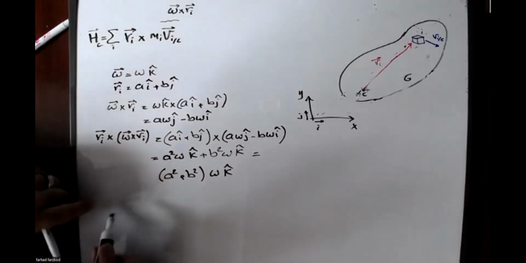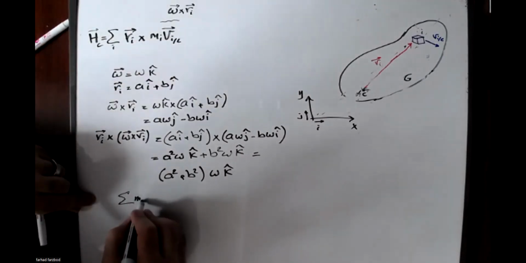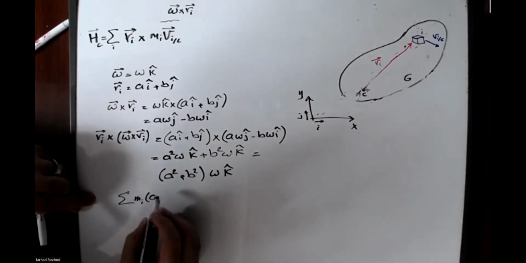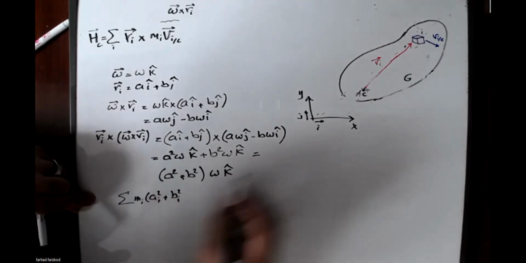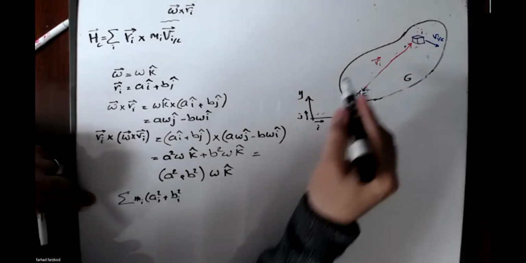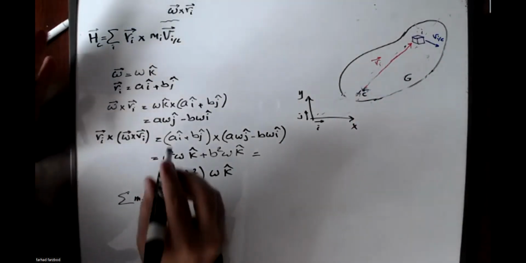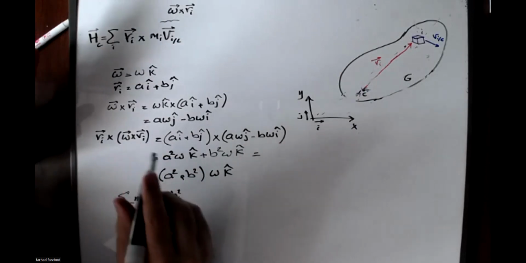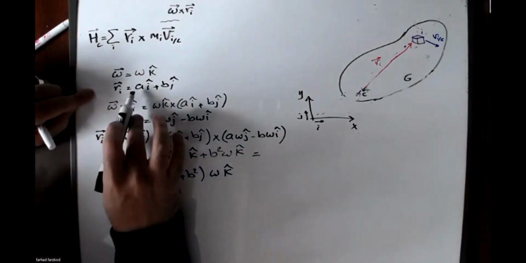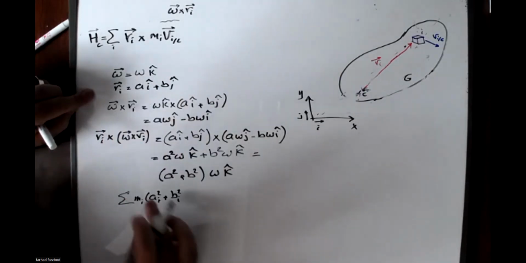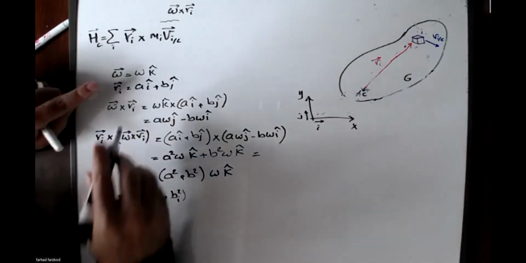So you see, and I have that mi. So I have to do summation of mi times ai square plus bi square, meaning that I write each Ri as ai, bi. Although previously I used it without i, so you can imagine that.